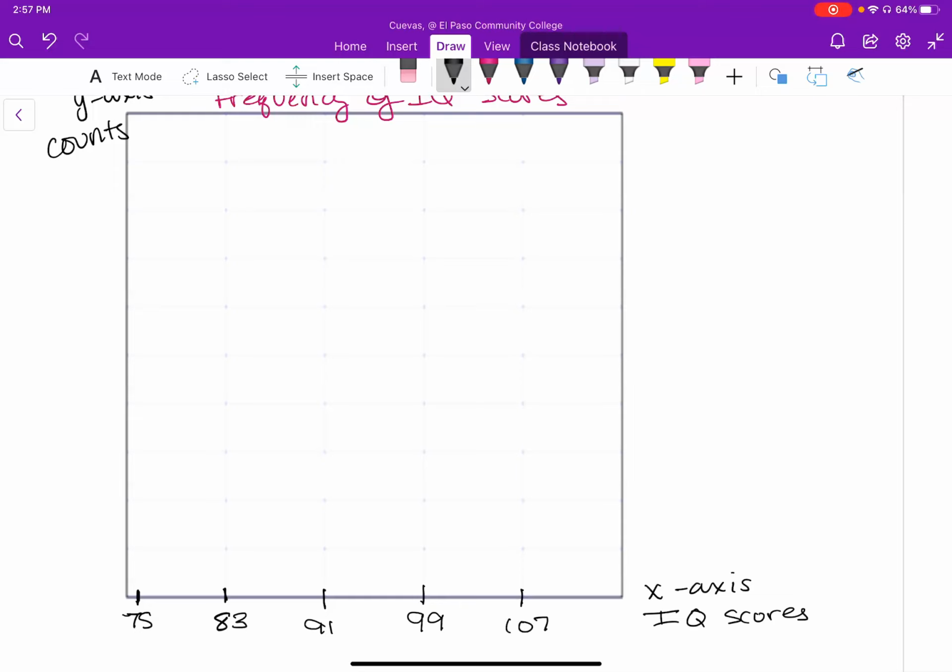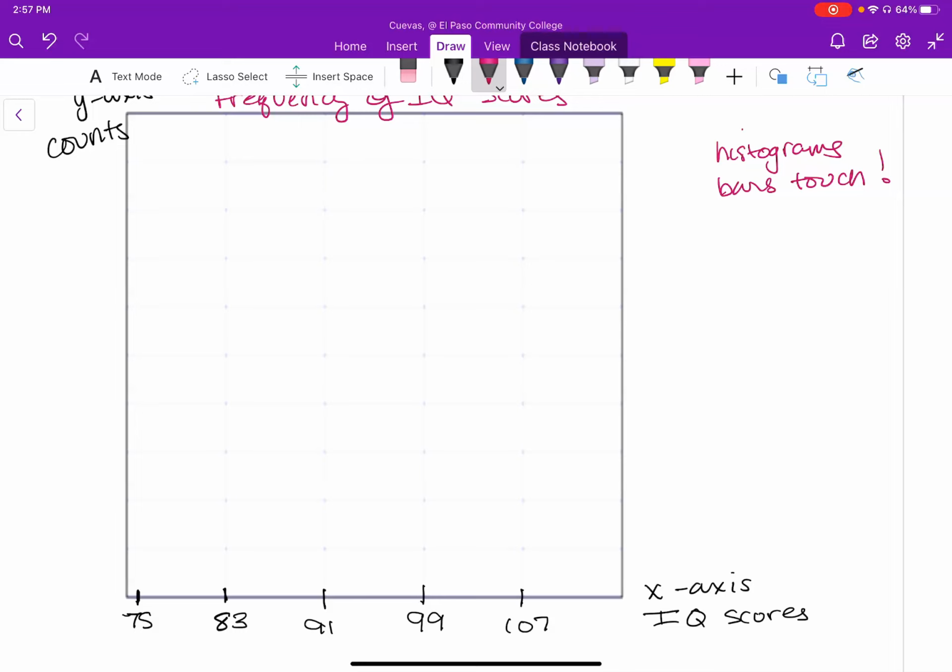I do have to give the ending of my bar a number as well. So you have to have all these numbers here. Another thing about histograms is, don't forget, in your histograms, your bars touch. This is one of the differences from bar graphs.